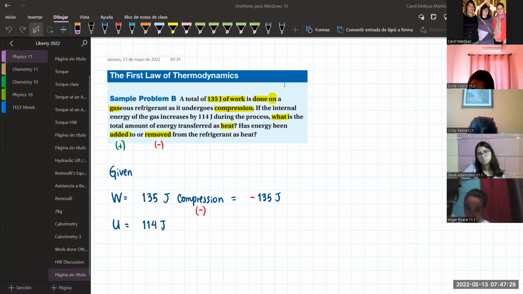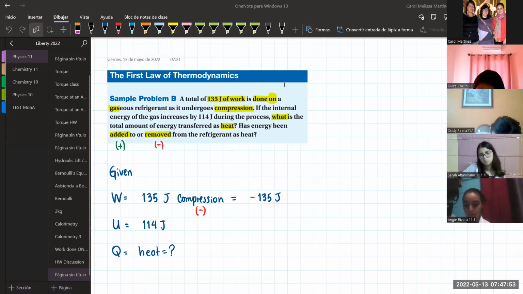So they're asking me to find heat. Heat is denoted by the letter Q and is unknown. And according to the sign that we have, it can be positive or negative. So we can answer the second question, has heat been added or removed from the system?